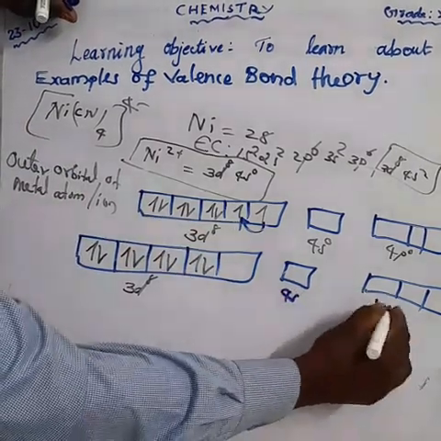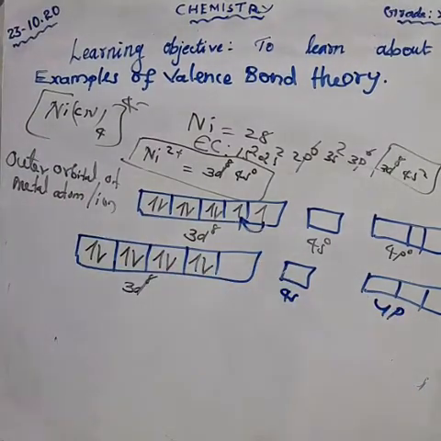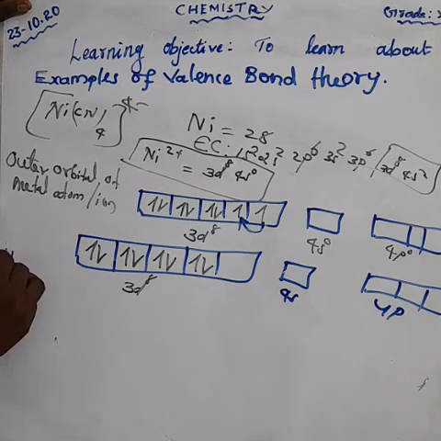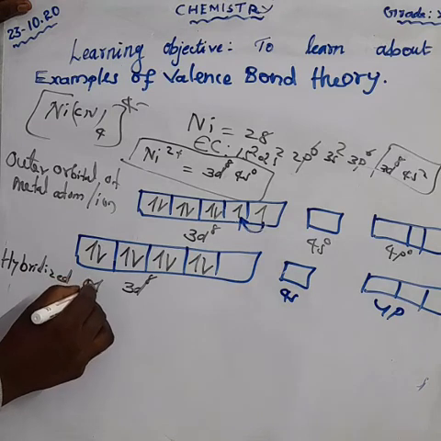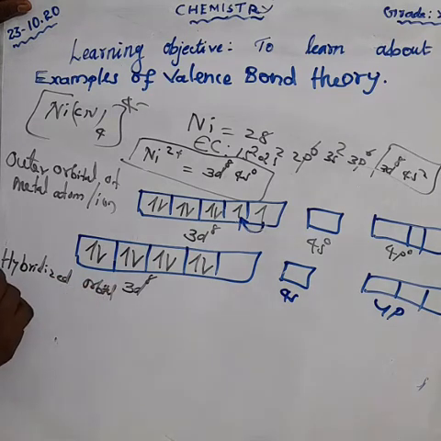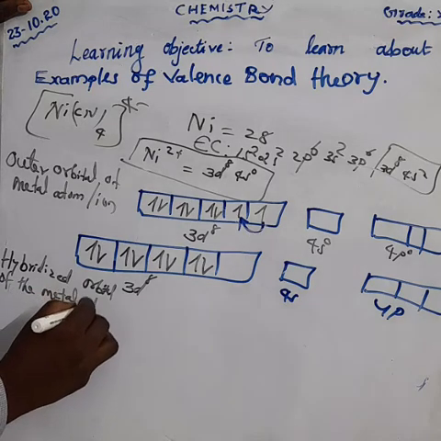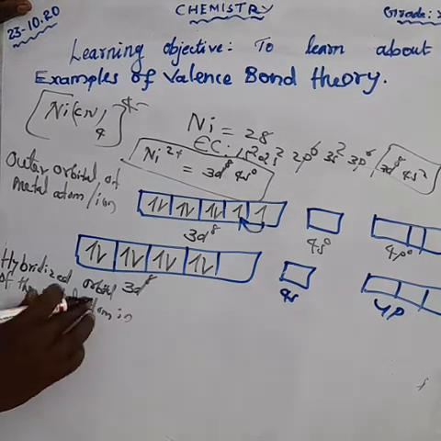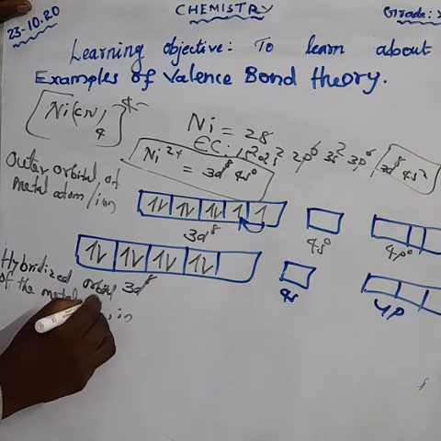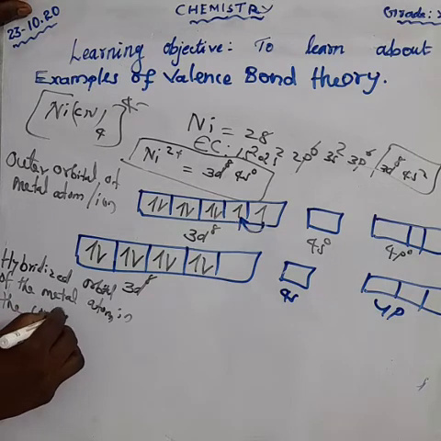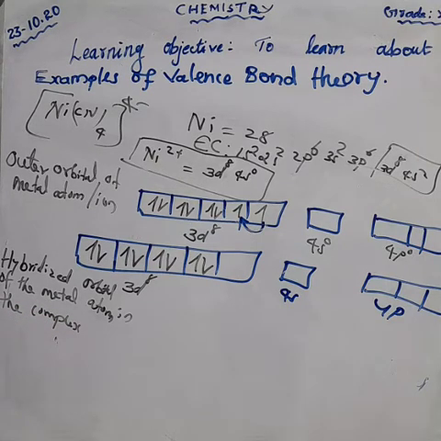So next we write the hybridized orbitals of the metal atom in the complex. How do you draw this structure?